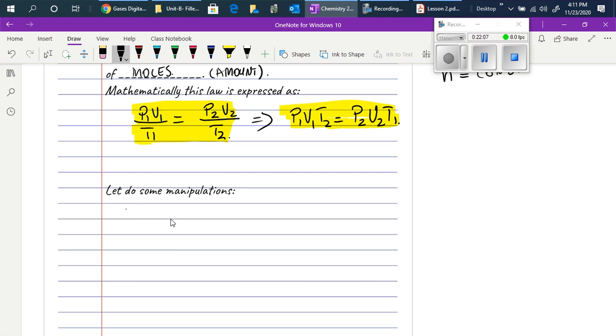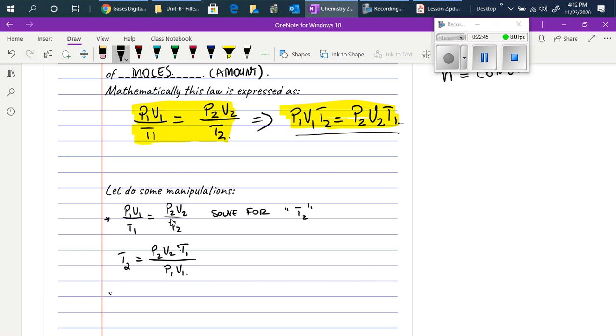So when we have P1 V1 over T1 equals P2 V2 over T2, and we are solving for, let's say, T2, we cross multiply and switch places. So P2 V2 times T1 is equal to P1 V1 times T2. Even from this relationship here, you can get this.